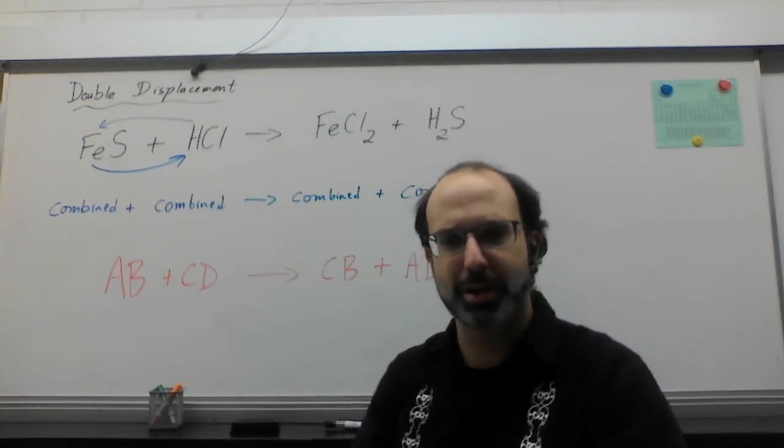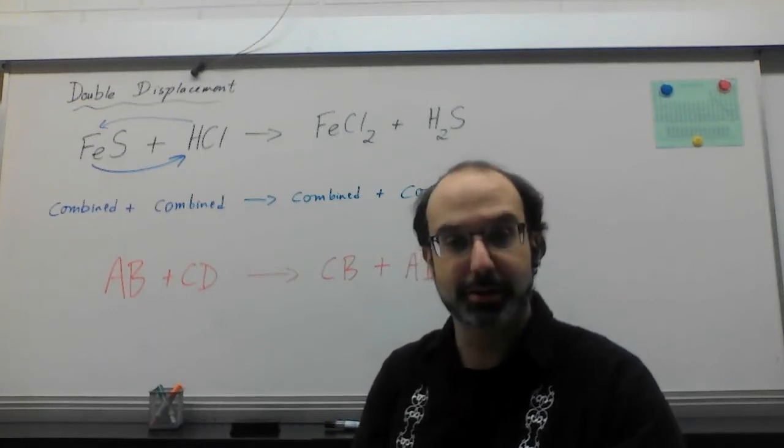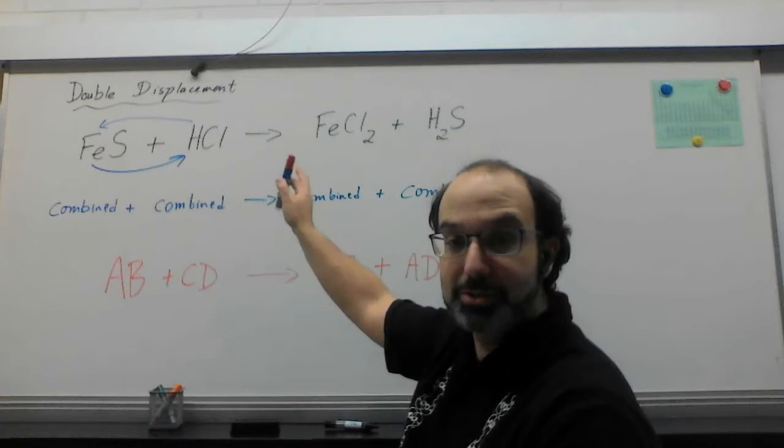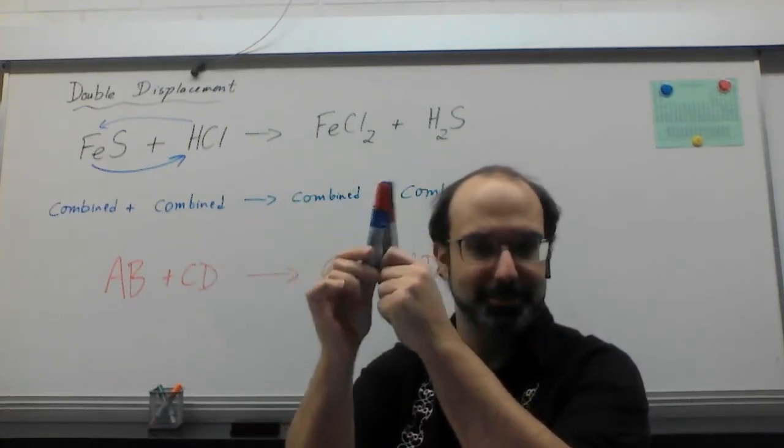So that's basically what we have going on here. We start off with a fully red marker and a fully blue marker, and then through the process of chemistry, they swapped dance partners, and we ended up with 2 pieces like this.